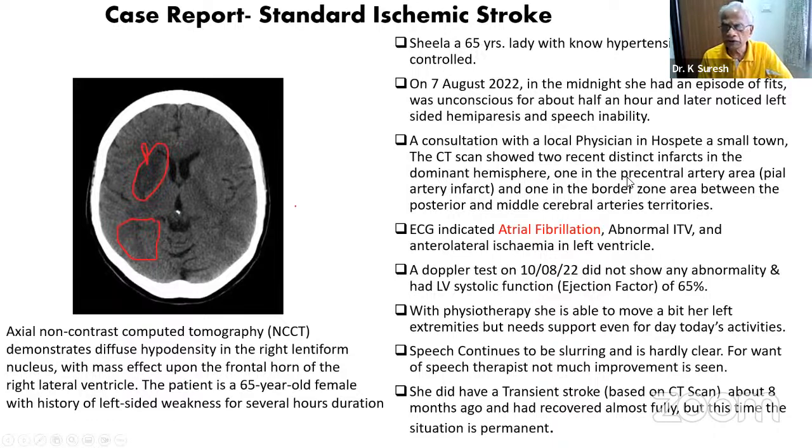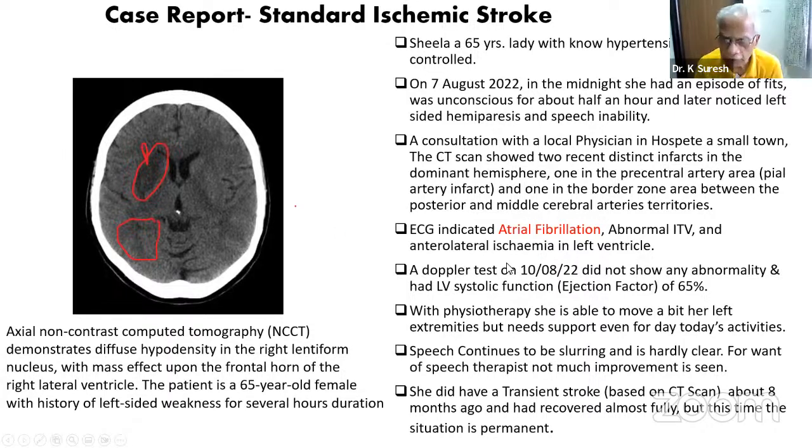And you can see the infarct shown here, in the area of the precentral artery, and another one in the area between the posterior and middle cerebral arteries.